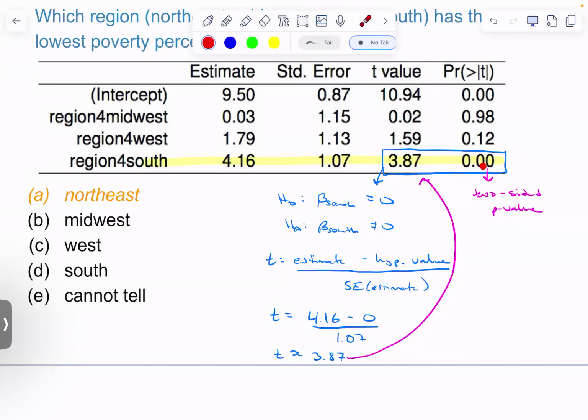But what does that tell me? This is essentially a slope, right? The slope for the south.